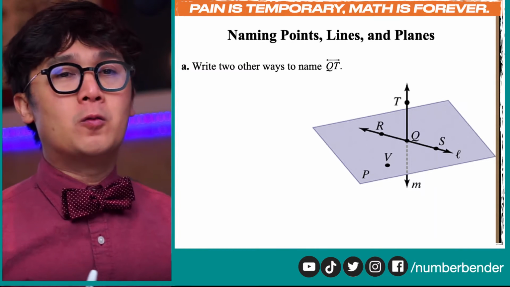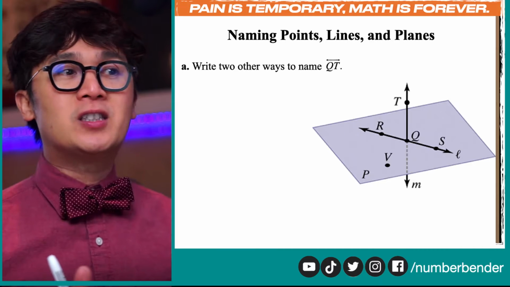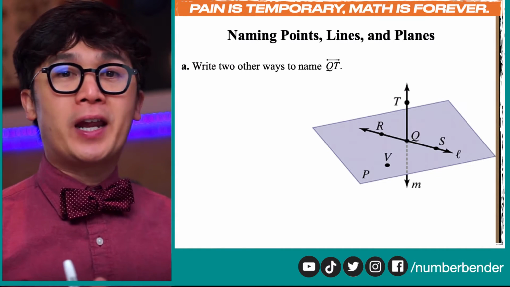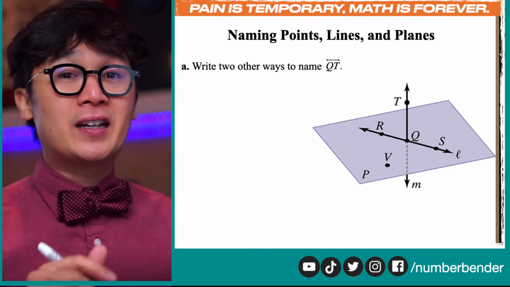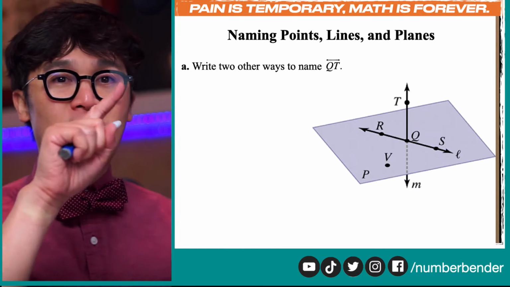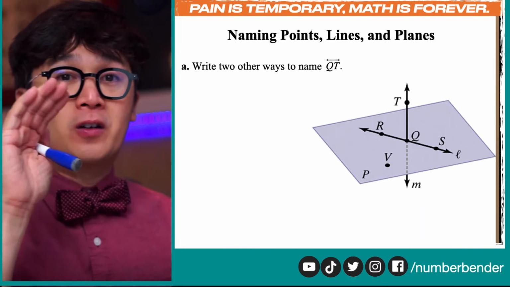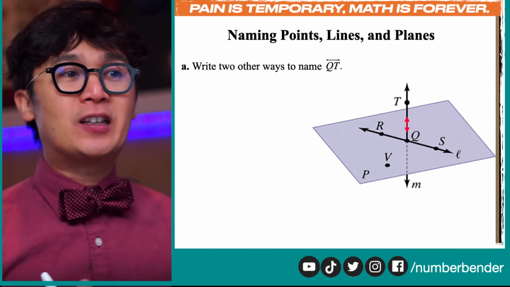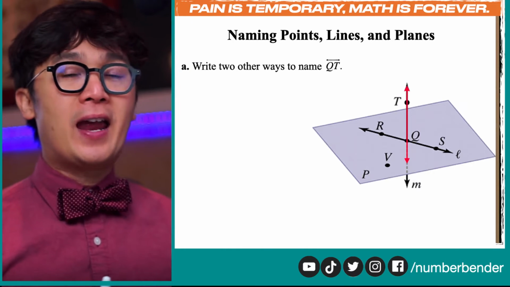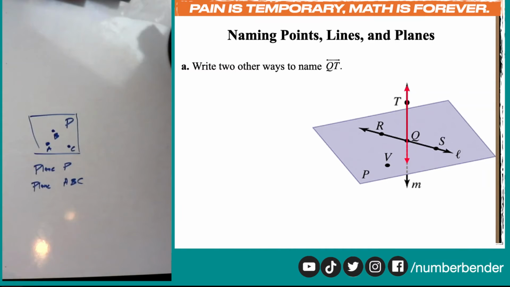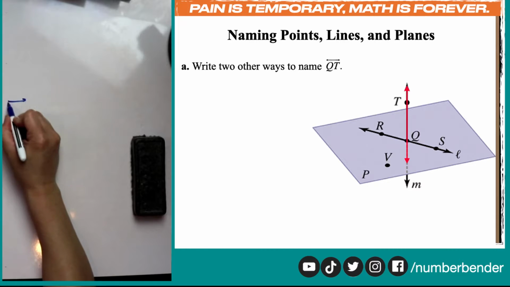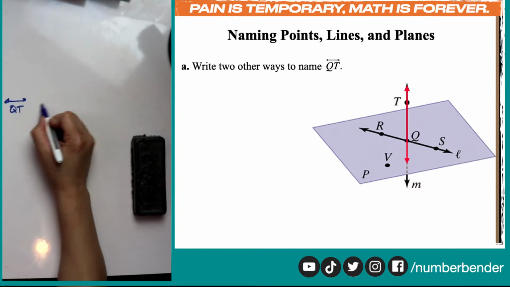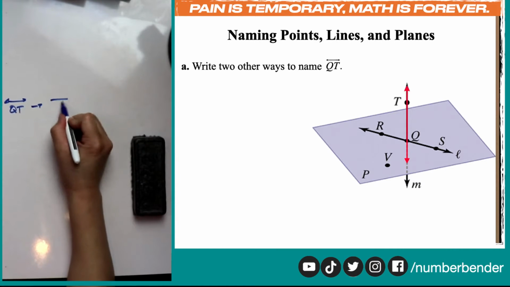So the first thing that we need to do is to write 2 other ways to name QT. So QT or line QT, dahil nakikita ninyo yung inyong arrow or yung inyong line na may arrow on both ends, ito yung ating line QT. And the other ways on how to write line QT, alam natin na si line QT ay pwede din nating isulat as line TQ.